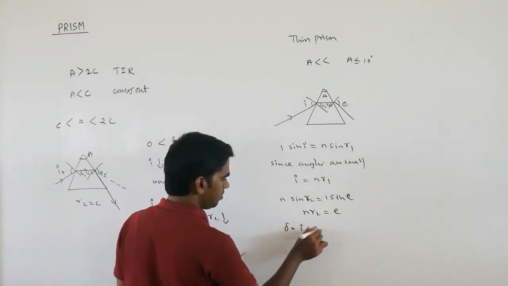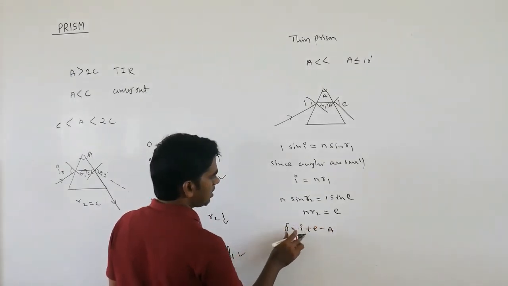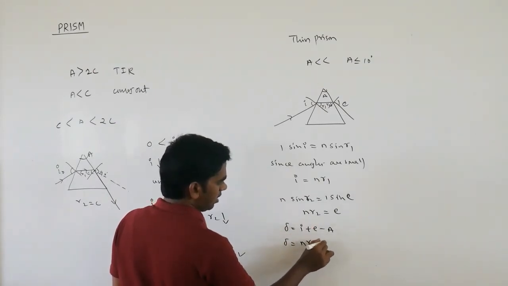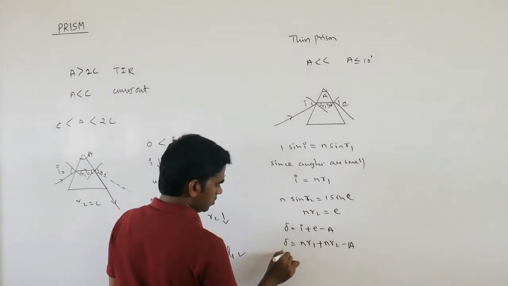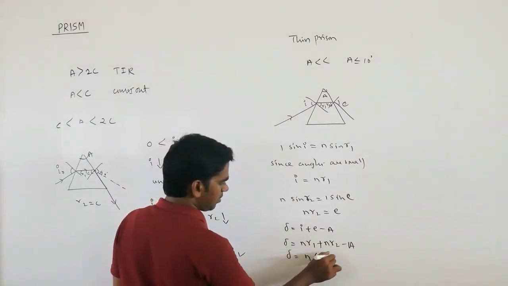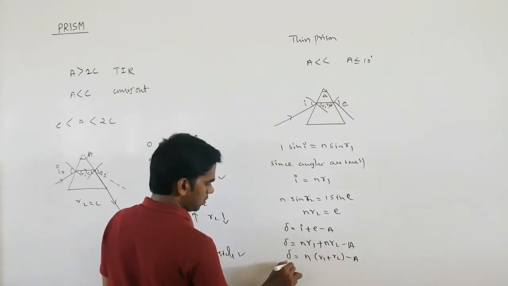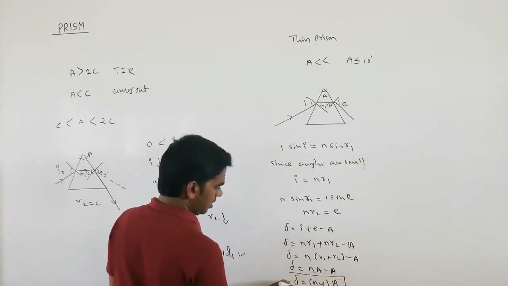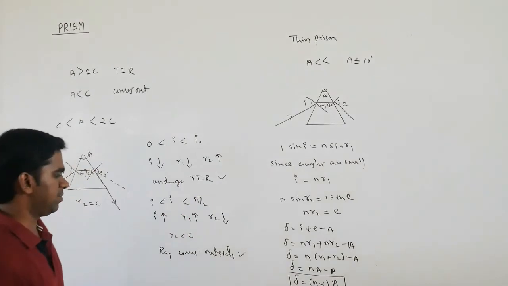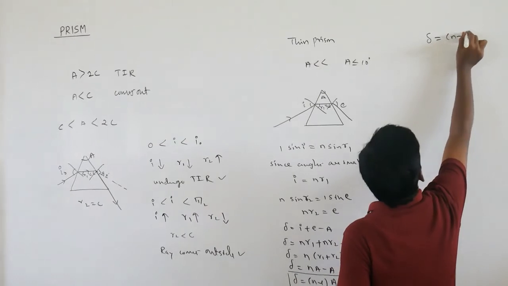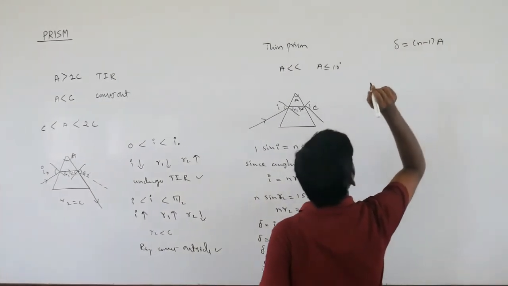Deviation is I plus E minus A. I is n R1, E is n R2, minus A. If you take n outside, this remains R1 plus R2 minus A. So delta equals n A minus A, so delta equals (n minus 1) A. This is the deviation for a thin prism.